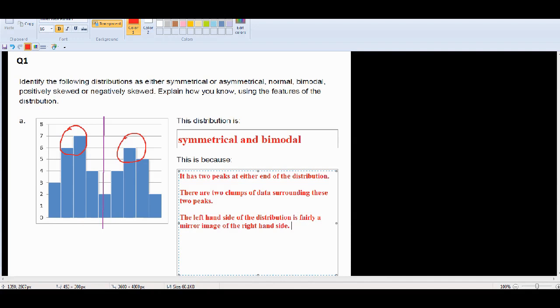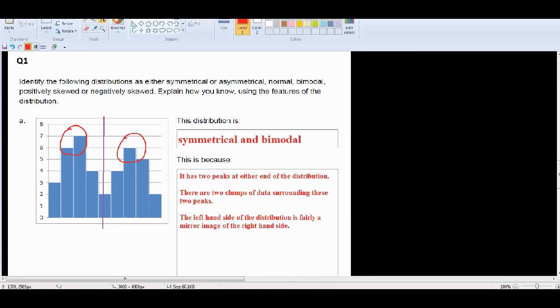So there are 3 points you need to write. You need to point out the 2 peaks. Also, you need to point out the 2 clumps of the data surrounding the 2 peaks. The clumps means you got like a hill, right? You got the topmost part, and then both sides they are a bit lower, but they become lower gradually. And also you need to mention the mirror image of the left hand side, right hand side, right?